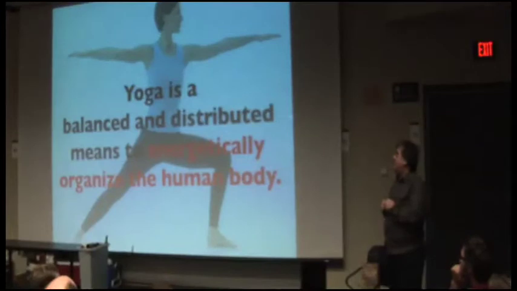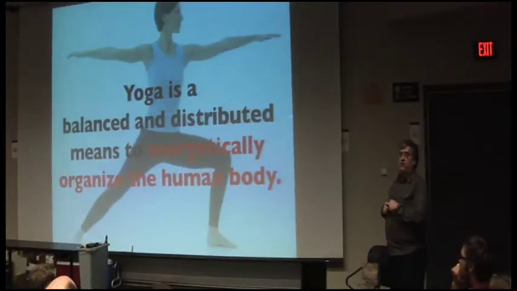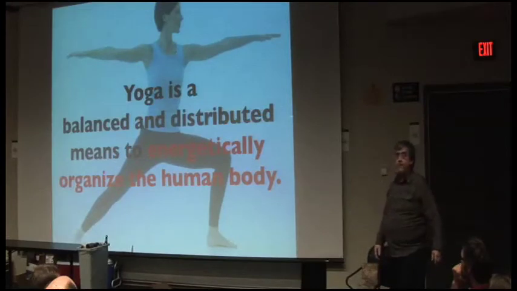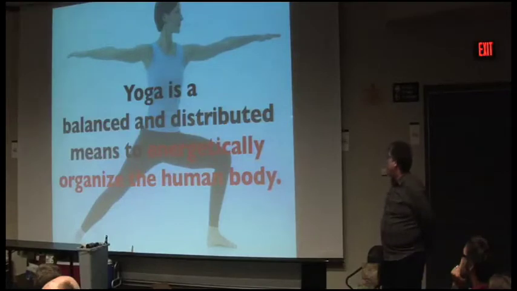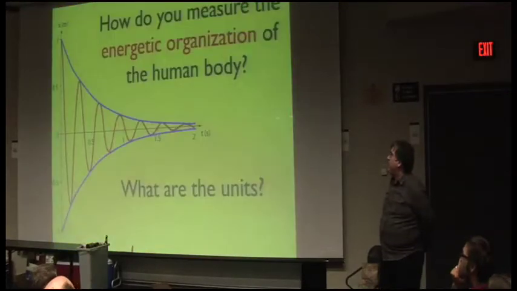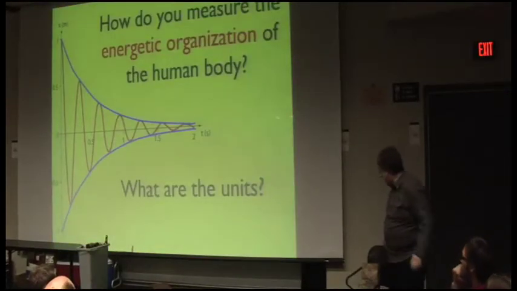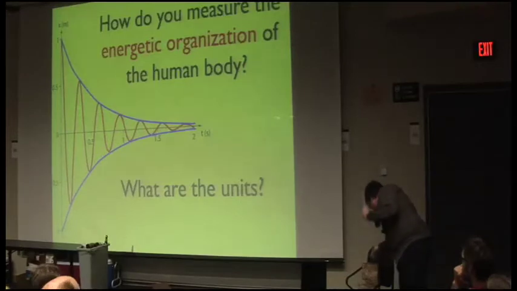In a similar fashion, yoga is a way to distribute the energy within our entire body. So what do we mean exactly by that? Well, there's a particular means of measuring such things, and it's called damping. I'm going to demonstrate that for you with a tuning fork. Nice.